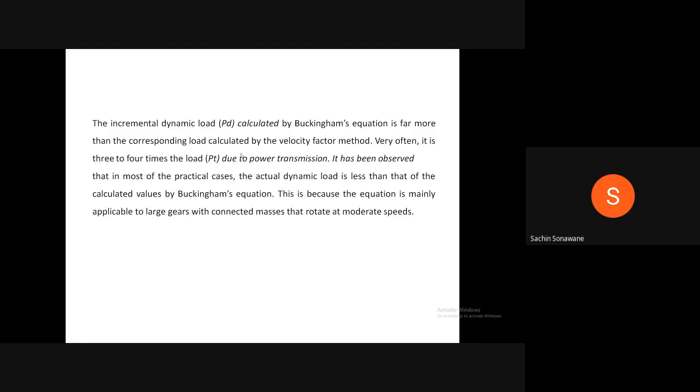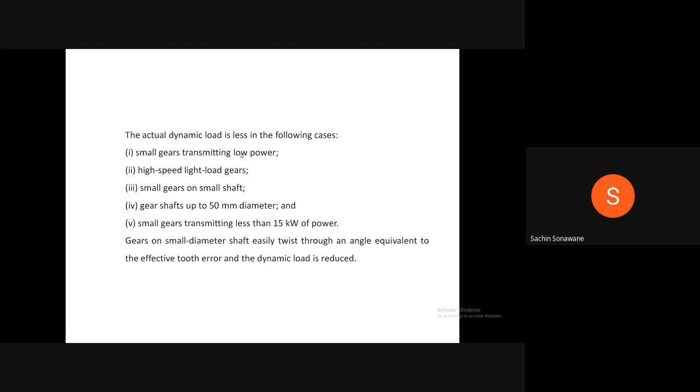It has been observed that in most practical cases, the actual dynamic load is less than the values calculated by Buckingham's equation. This is because the equation is mainly applicable to large gears with connected masses that rotate at moderate speeds. Therefore, the actual dynamic load is less in the following cases.